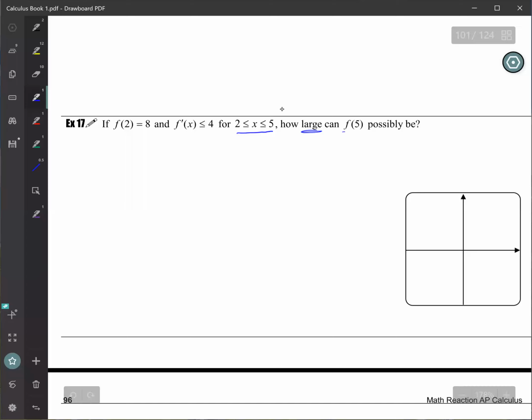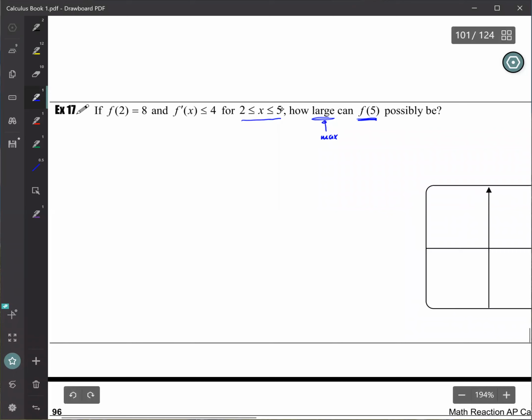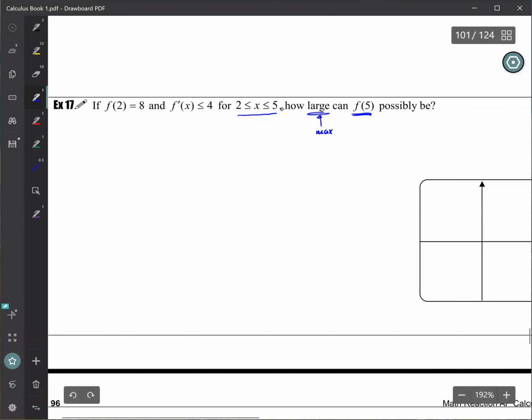What will be the largest value f of phi can equal? How large means looking for the maximum. What's the biggest value for f of phi? I'll let you think about this first. You can try to draw pictures or do calculations. Of course it has to do with MVT.